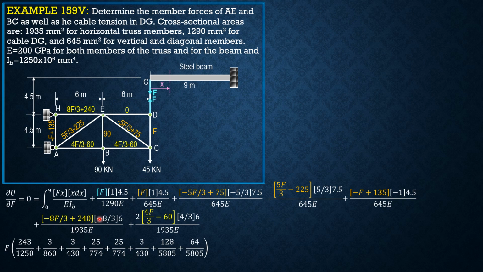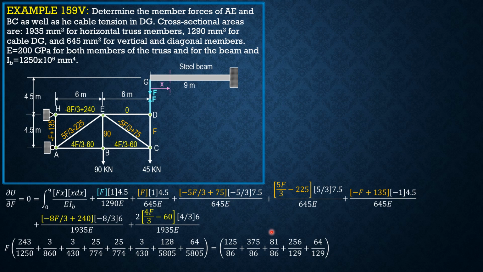And for this quantity, 128 over 5805. And this last here is 64 over 5805, equals, for the constants, we have these values: 125 over 86, 375 over 86, 81 over 86, 256 over 129, and 64 over 129.